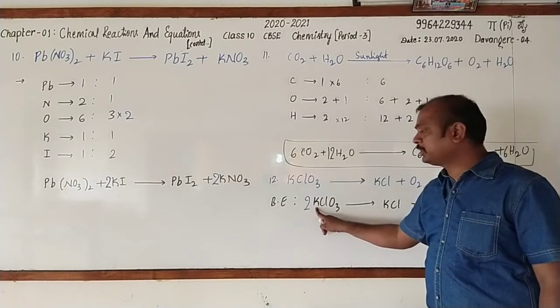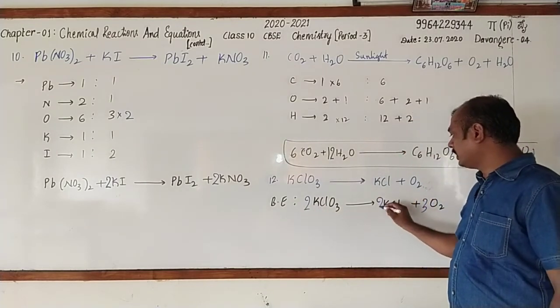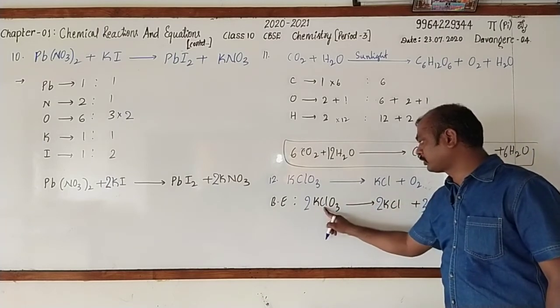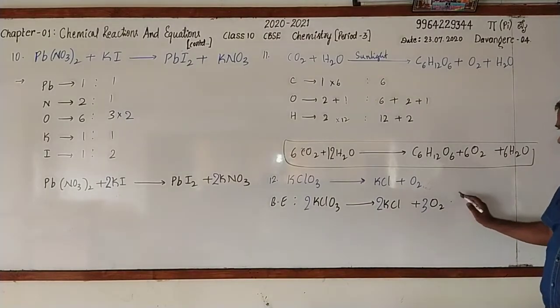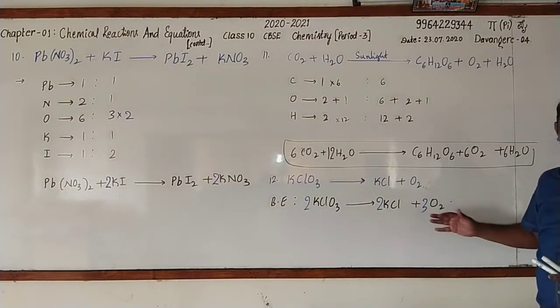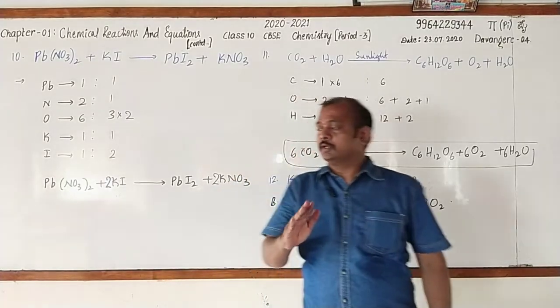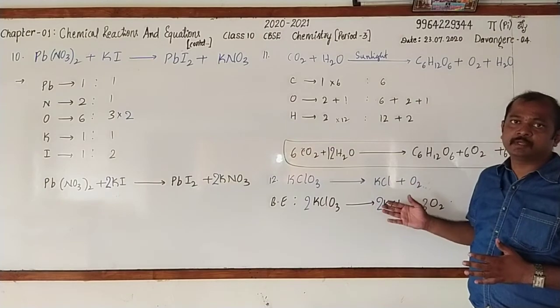Then potassium and chlorine: 2 atoms of chlorine, and here is only 1. I'll write 2. Then 2 atoms of chlorine, here also 2 atoms of chlorine. Now this is a balanced chemical equation. Copy this one also.